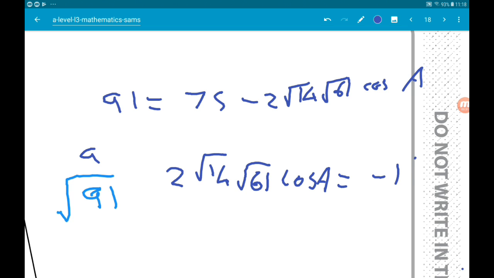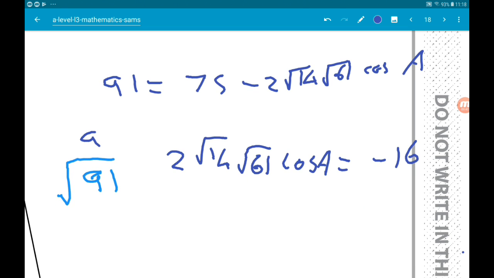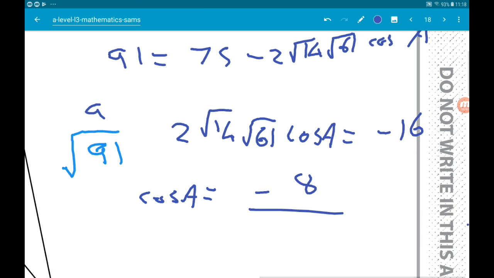Now if we divide through by 2 root 14 root 61, we get cos of A is equal to minus 8 over root 14 root 61.